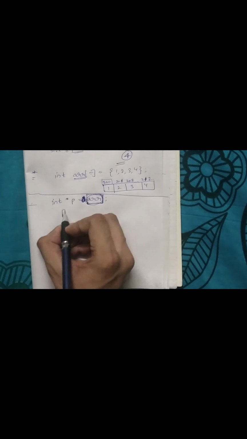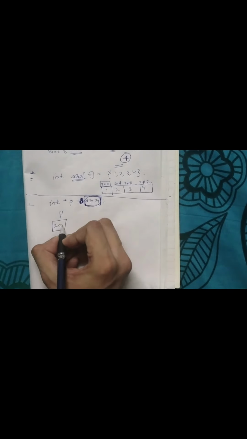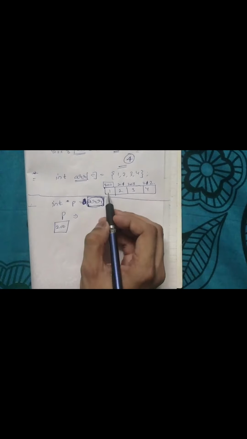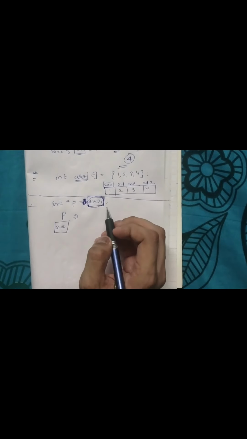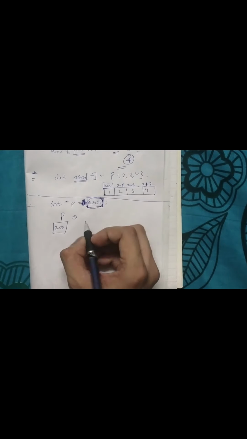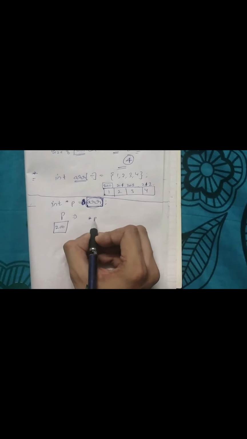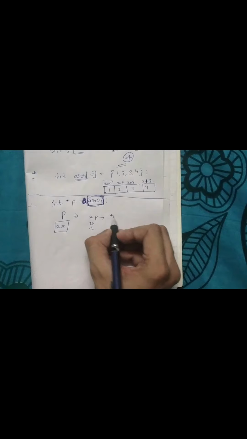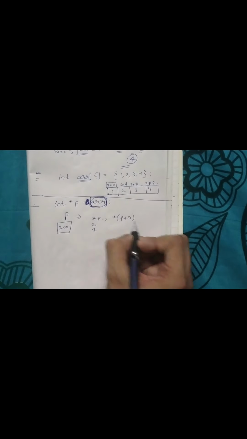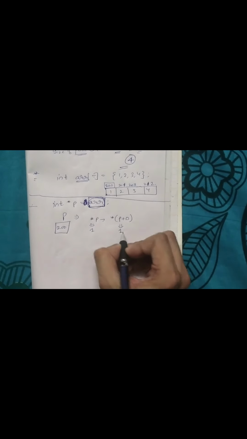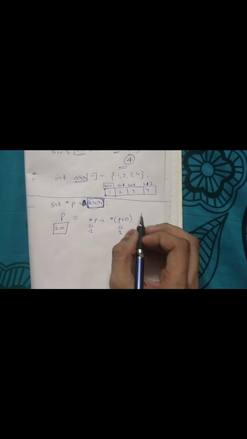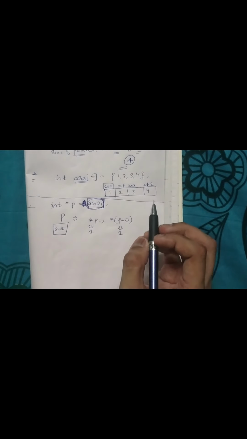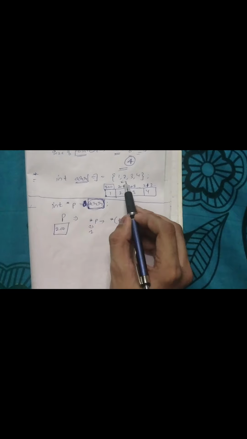So p is storing 200. If I want the value at the 0th index, star p would give me 1. You can also write it as star of p plus 0. It would give 1.